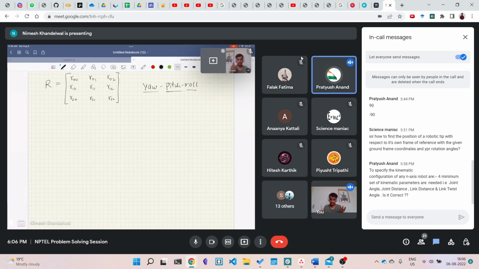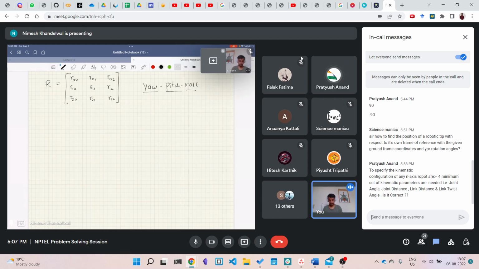Three. Our argument is that when you do these three rotations, using this sequence you can get any orientation you want, right? So to represent orientation, you need three parameters.